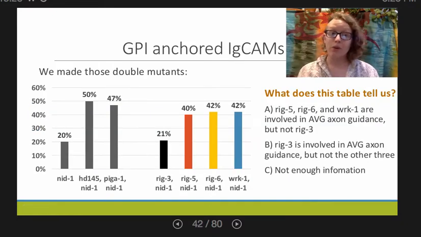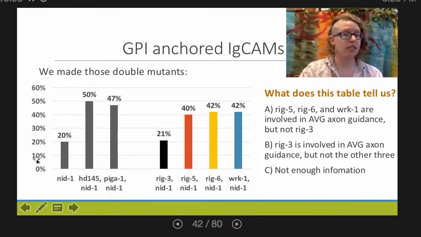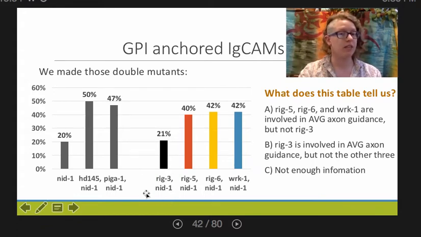So we made those mutants. These are worms where nitrogen is missing, and each of the four IgCAMs is also missing. We've seen this before, that was the last table we saw. Here nitrogen is missing, and RIG3 is our null allele, so these are missing from these worms.